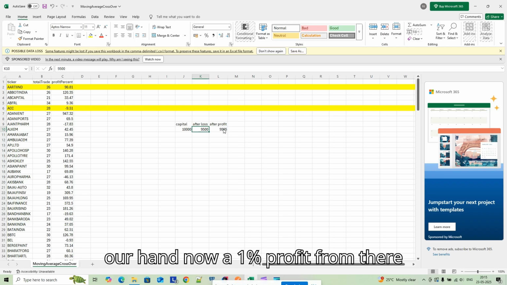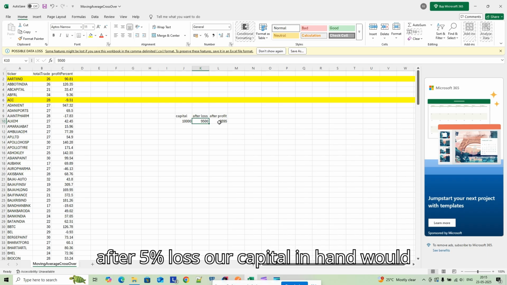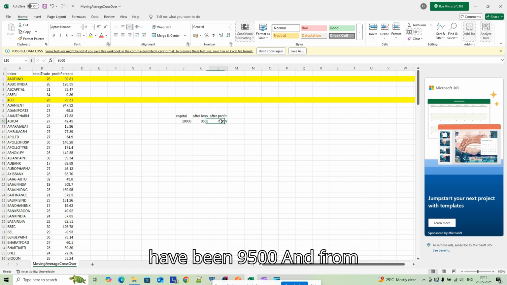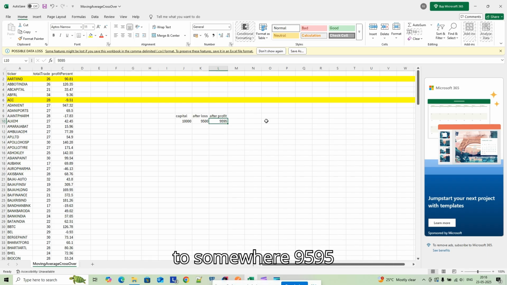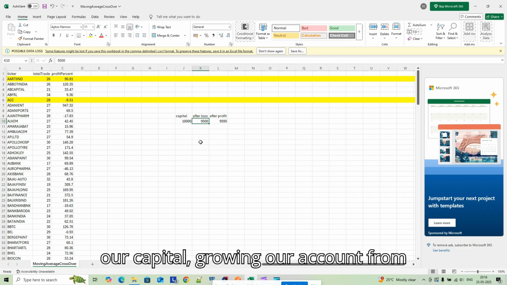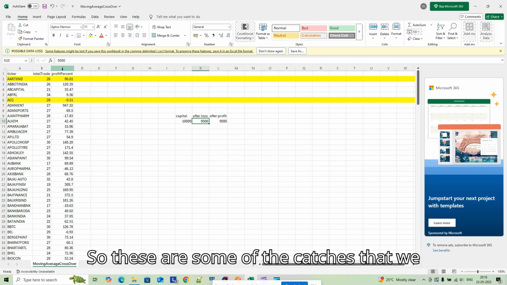Now a 1% profit from there would result in somewhere around 9,595 rupees. So if at all we encounter a loss from our capital, growing our account from there is a catch. So these are some of the catches that we have.